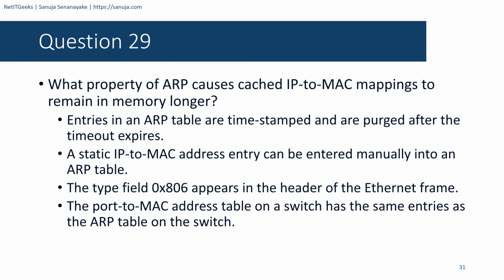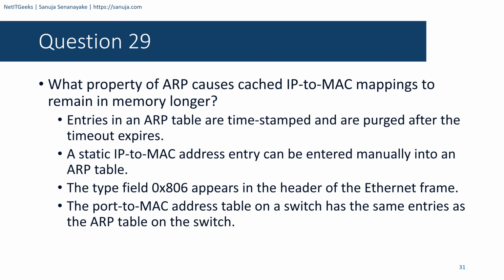Question number 29. What property of ARP, address resolution protocol, causes cached IP to MAC mapping to remain in memory longer? So instead of every single time an ARP request comes around, it keeps matching IP to MAC, because that's one of the functions of ARP. What property of ARP causes those to be cached?